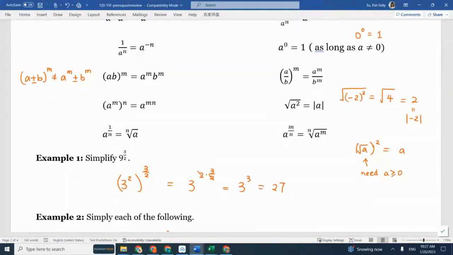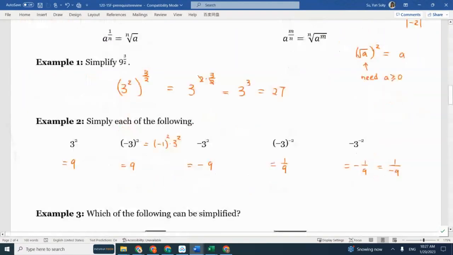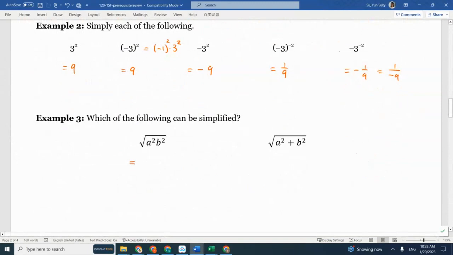But if this is a summation or subtraction, can we distribute the power? No. So when we have products, we can distribute it. And then, what's the square root of a squared? It's a with an absolute value. And here, b with the absolute value.